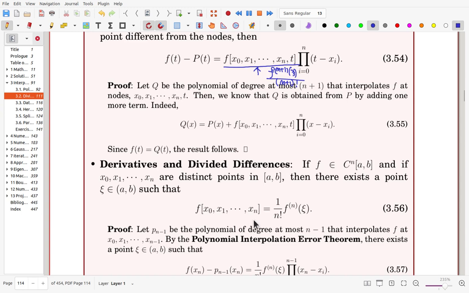The divided difference is the same as 1 over n factorial times the nth derivative of f evaluated at some point psi. If you are interested in mathematics, try to read the proof. The conclusion is that the divided difference is a kind of derivative value scaled by n factorial.